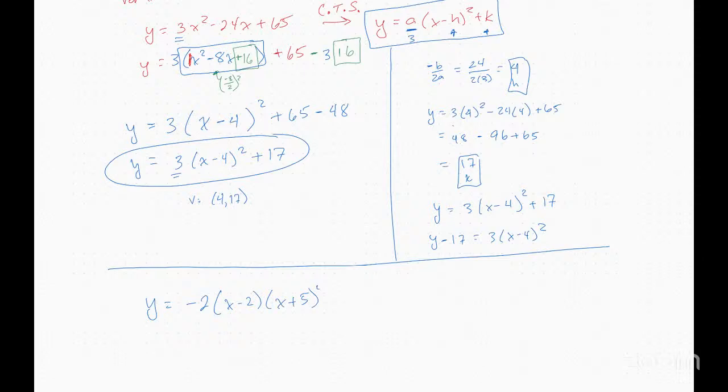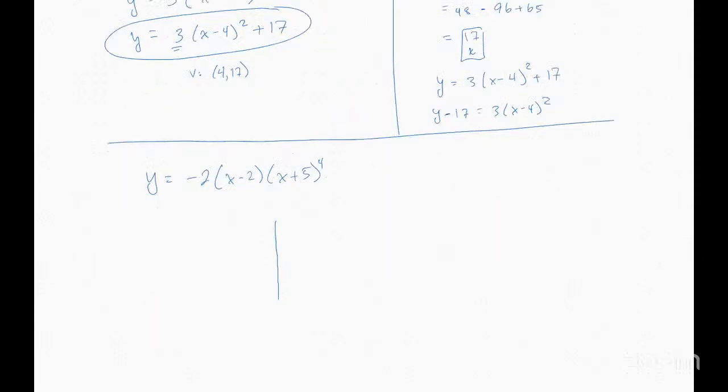So you would have an x-intercept at negative 5, and an x-intercept at 2, and then that one would pass through because it's odd. The degree is 5, and it's negative, so it starts at positive infinity when x is at negative infinity, so it goes up then down.